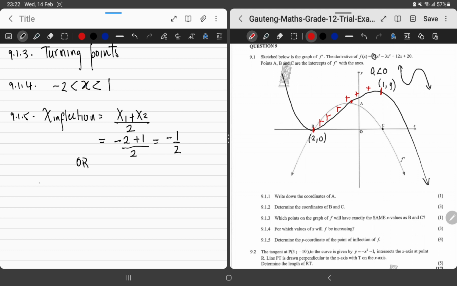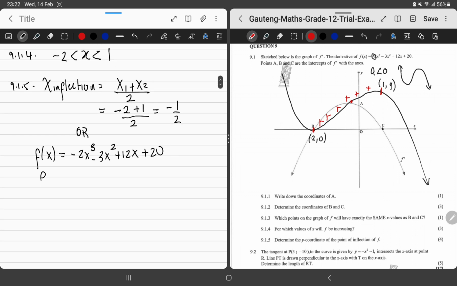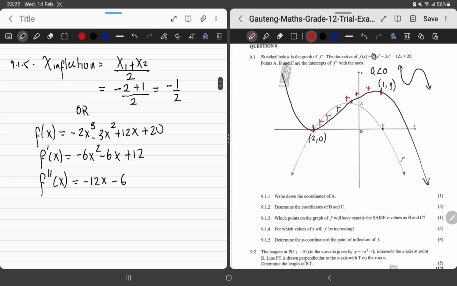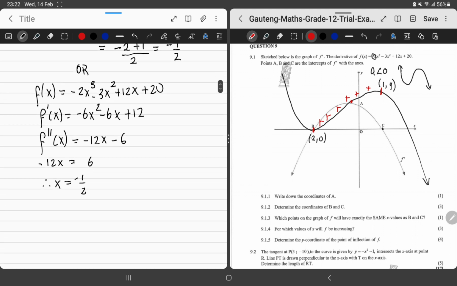Or you can just say f(x) = -2x^3 - 3x^2 + 12x + 20, and the first derivative is -6x^2 - 6x + 12. In order to find the point of inflection, you need to find the second derivative. So this is -12x - 6, and then you equate that to 0. So 12x = -6. Therefore, x should be equal to -1/2.